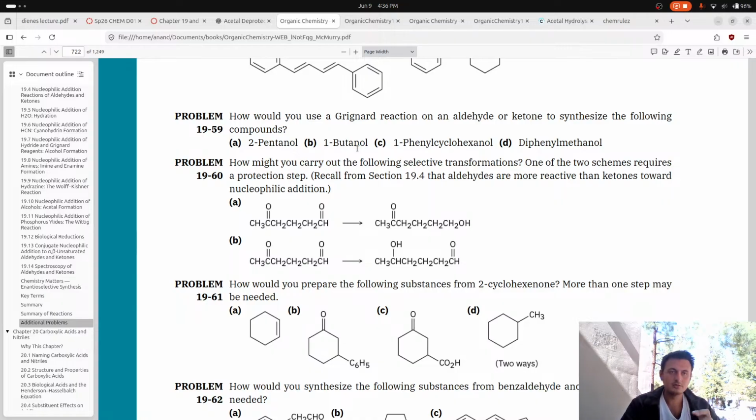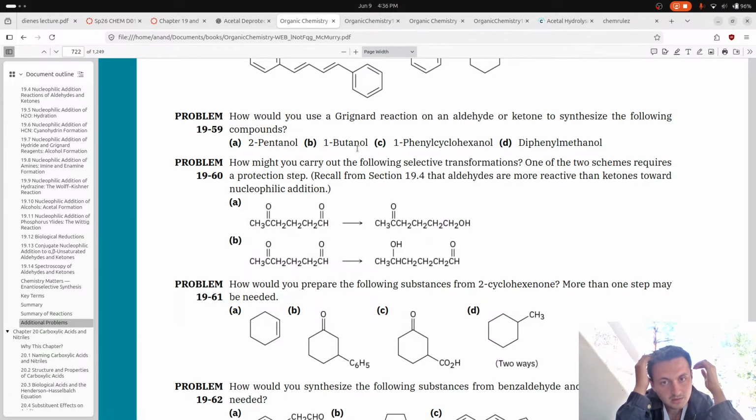Okay, butanol. OH. Okay, so butanol. That one's kind of weird, right? Because it's one butanol. It's a primary alcohol. How do you make a primary alcohol from it?